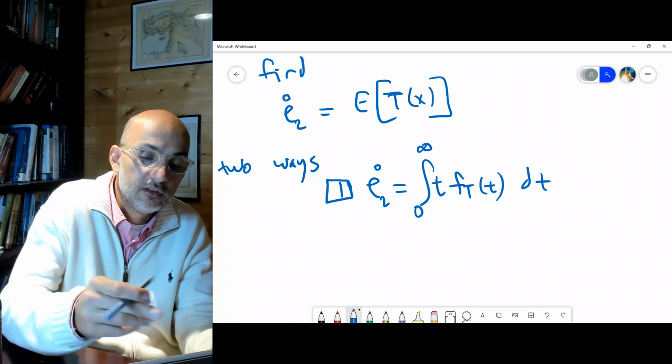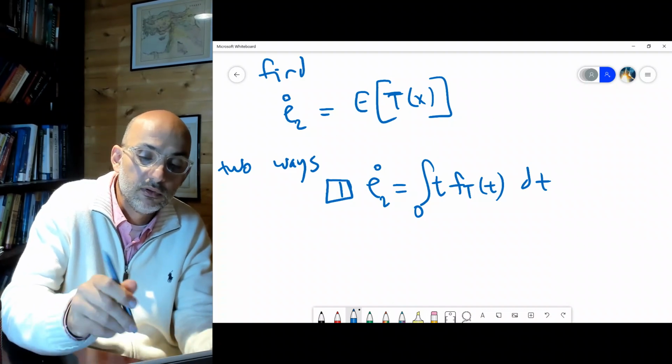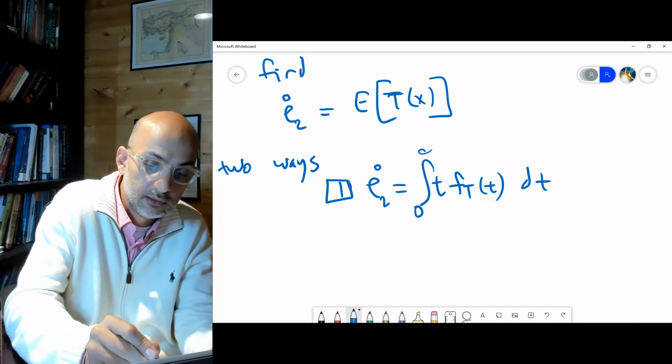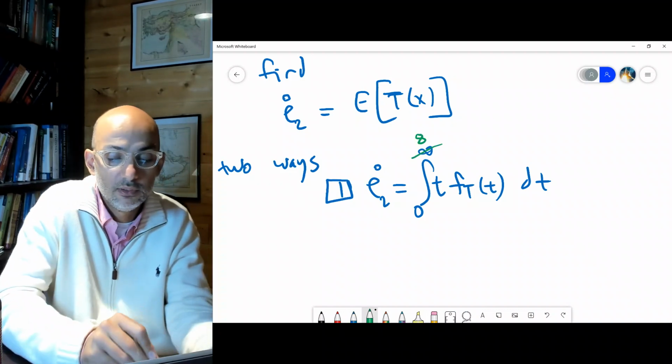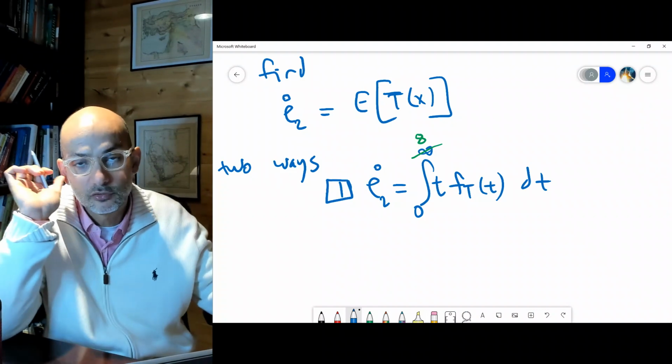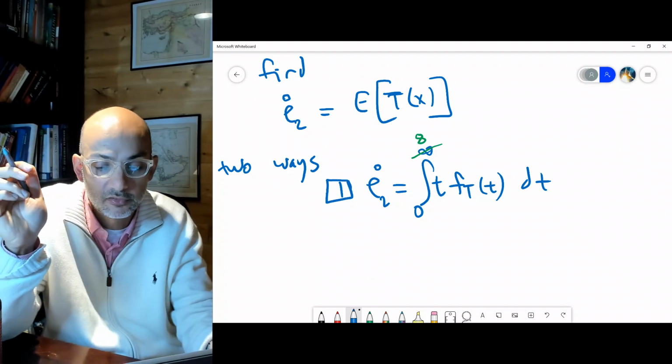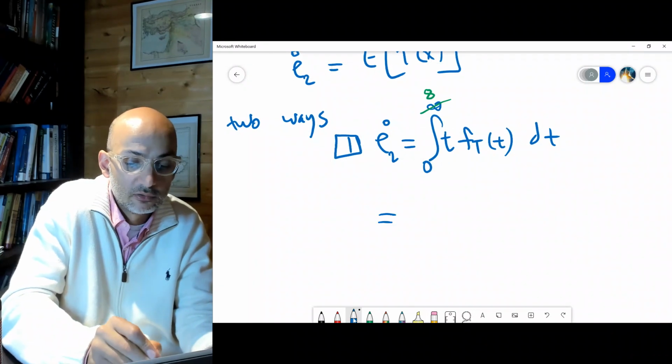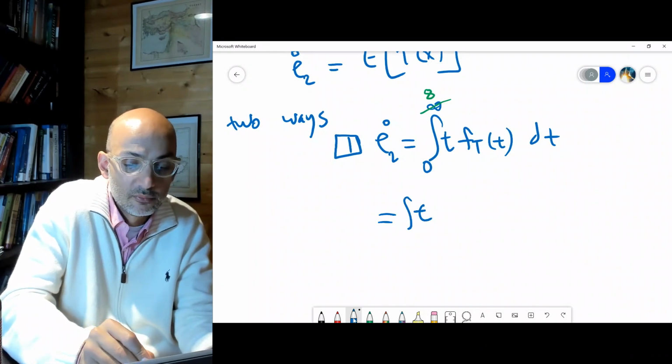And because it's bounded, f(t) is bounded between 0 and 8, let me change this one into 8, just to remember. The whole life is 10 years. We already survived 2 years, so the remaining life is 8.